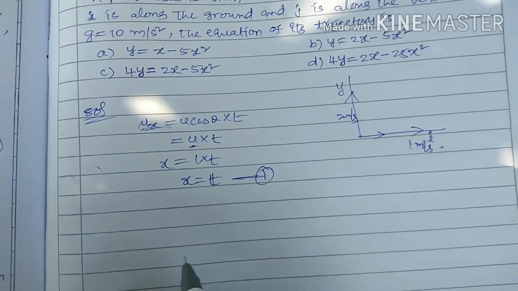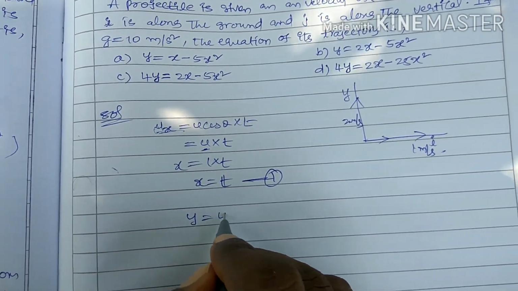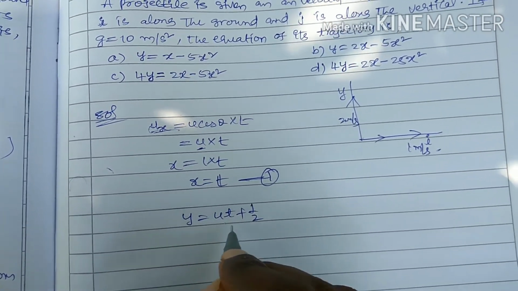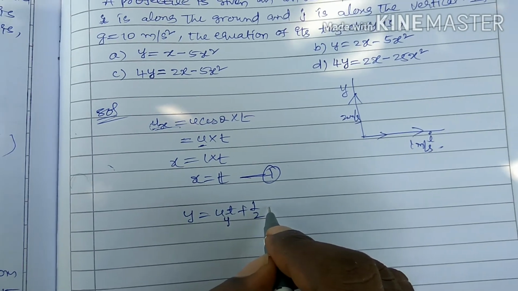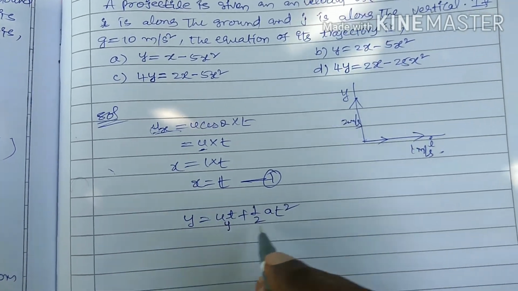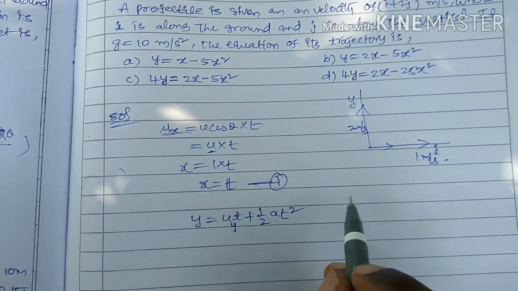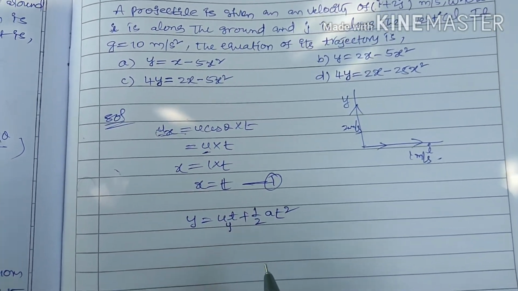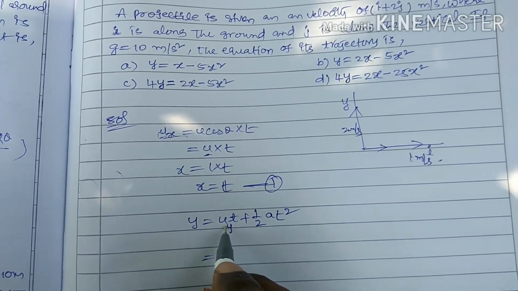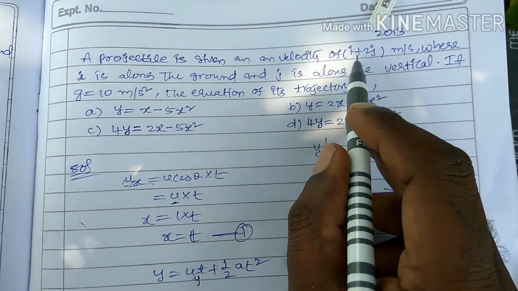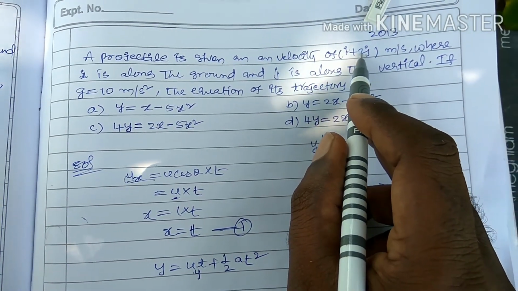Along the y direction, y is equal to uy t plus half a t square. Here a is equal to g, so along the vertical direction it will be minus g. Then u is equal to ux i plus uy j, so uy is equal to 2.